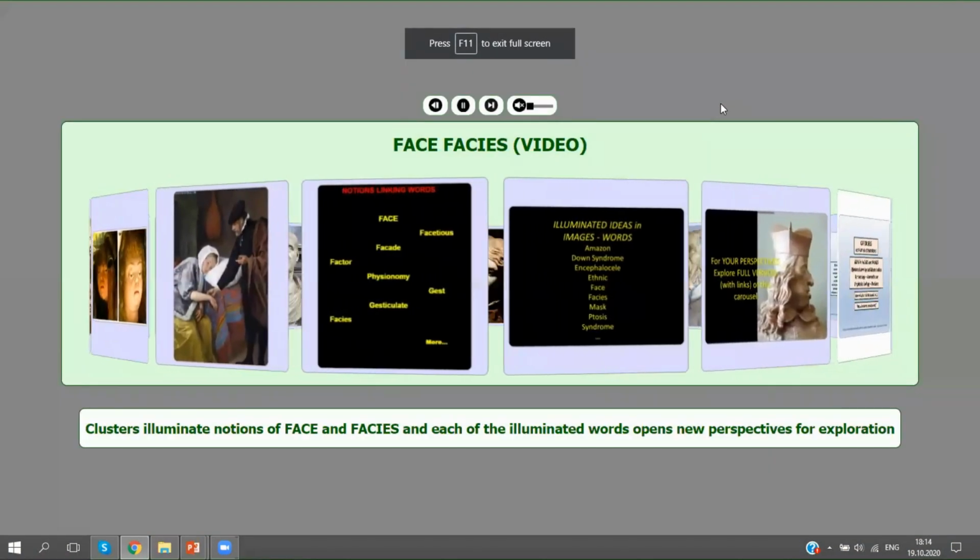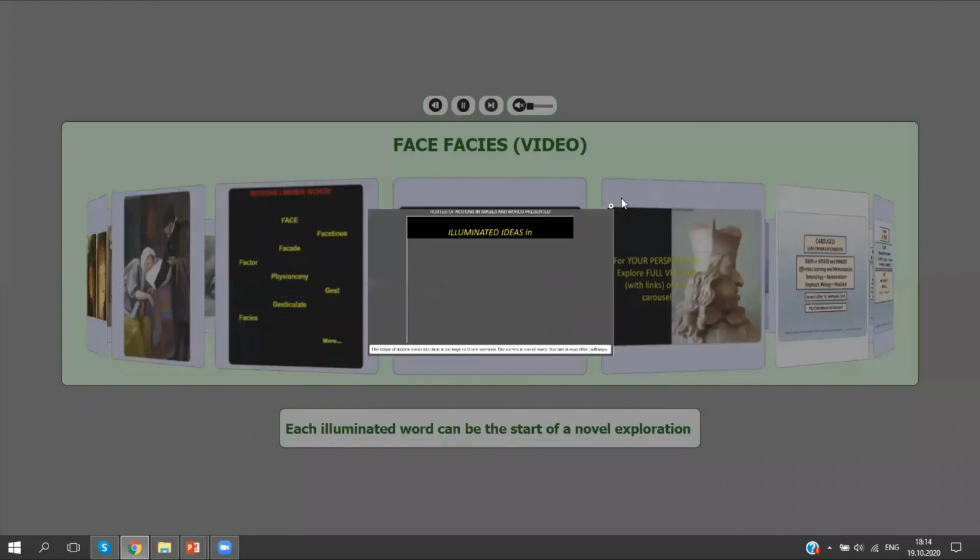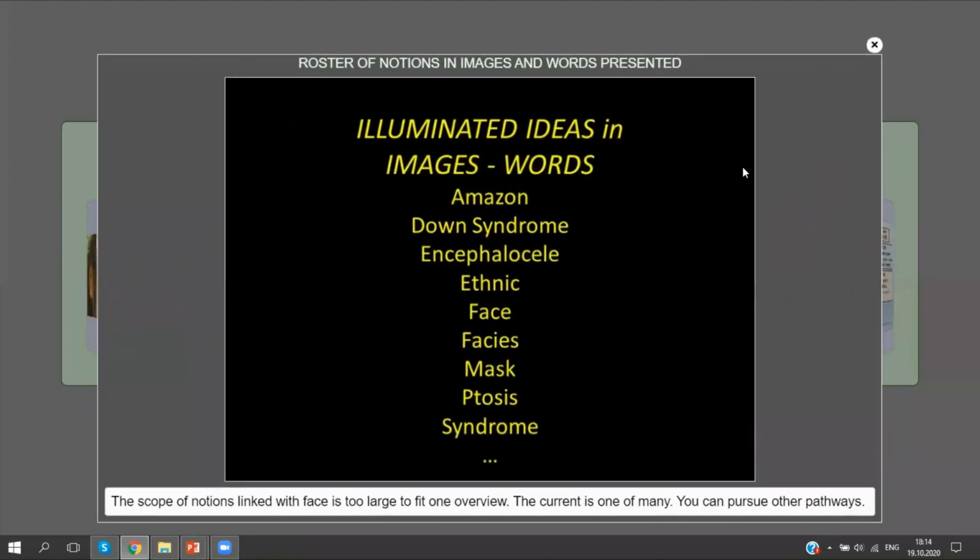And so to repeat, what did we do here? What ideas did we touch upon? Well, we illuminated ideas in images and words like what? Amazon, Down syndrome, encephalocele, ethnicity, face, facies, mask, ptosis, syndrome. I think that's a lot for a short exploration of this kind. Next.